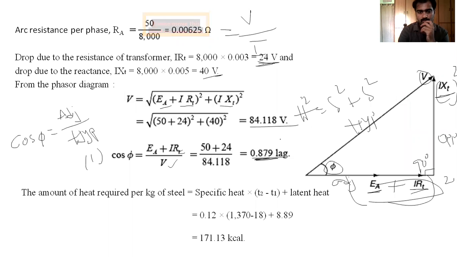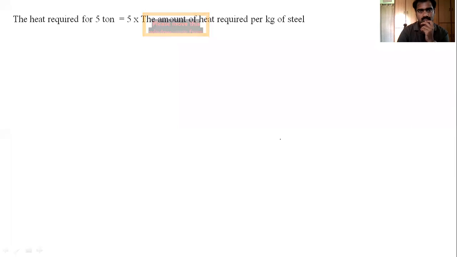This amount of heat, 171.13 kilocalories, is required only to melt 1 kg of steel, but the total weight of the material has been given as 5 tons. So let us calculate the amount of heat required to melt the 5 tons of steel. Whatever we calculated was per kg of steel, but here we have been given 5 tons.